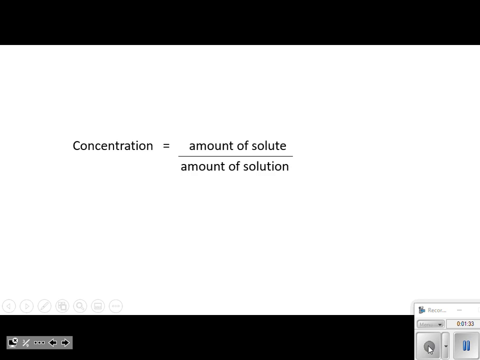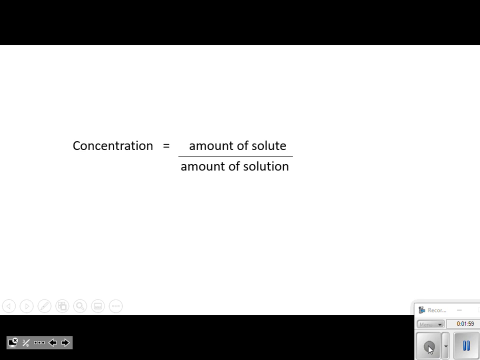And here's a big thing to understand, that the concentration is the amount of the solute over the amount of the solution. Okay? And I believe when we did this in the video, you would then multiply it by different things, like for parts per million, you'd multiply it by 10 to the 6, I believe.